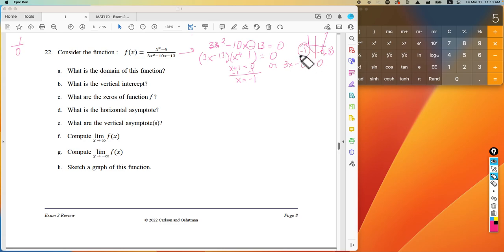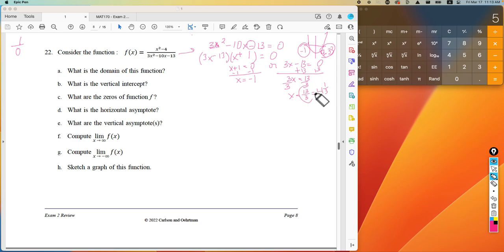That's what the graph told us. Over here, we add 13 to both sides. Then divide by 3. x equals 13 thirds, which is 4 and 1/3, or 4.333, which the graph also told us.